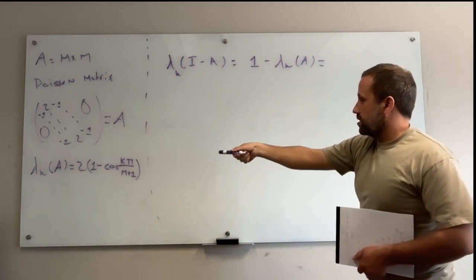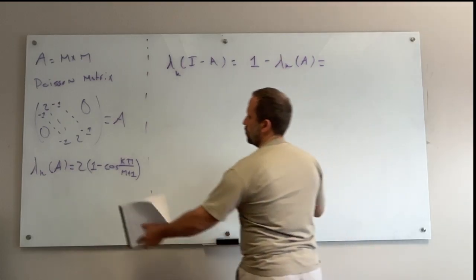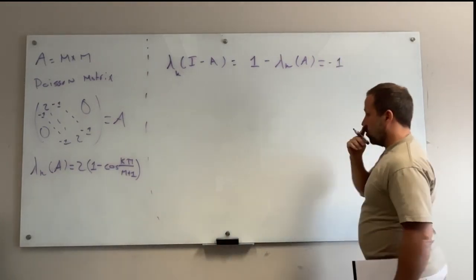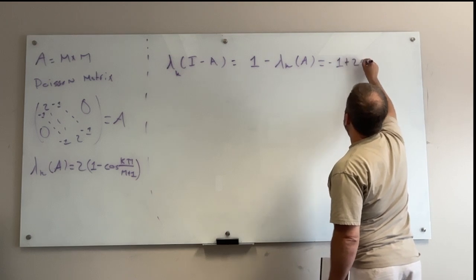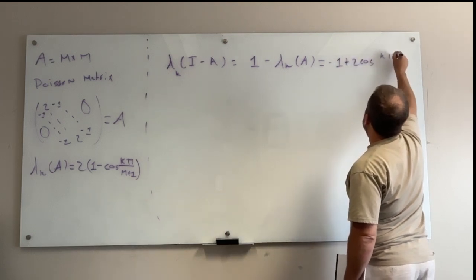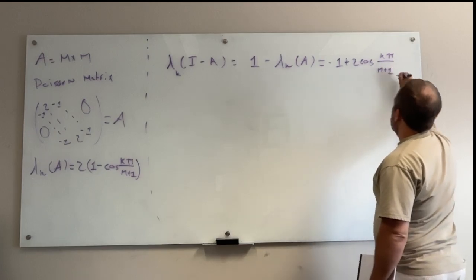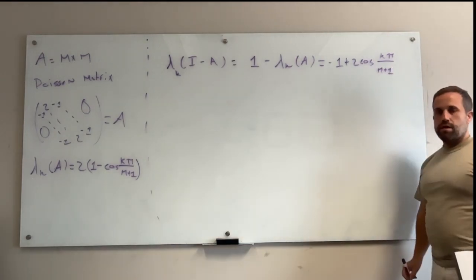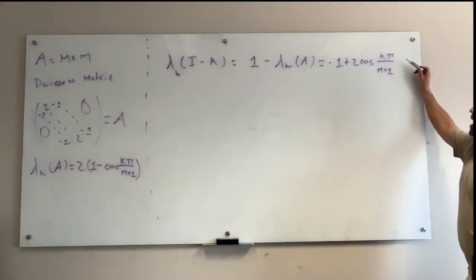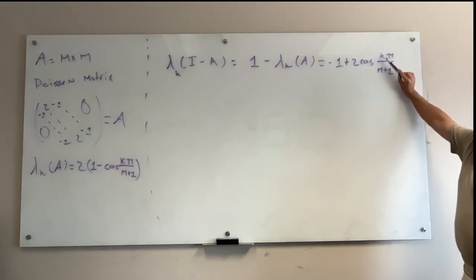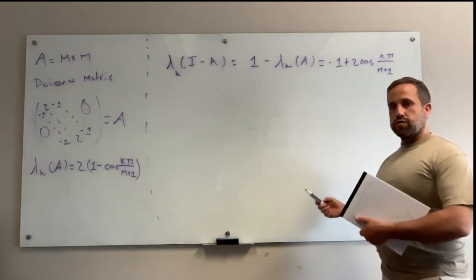And what are we going to get? It's going to be 1 minus that. So if I distribute the 2, 1 minus 2, I'm going to have minus 1 plus 2 cosine of k pi over n plus 1. Now here's what happens: k is never actually going to equal m plus 1, because k only goes from 1 to m.